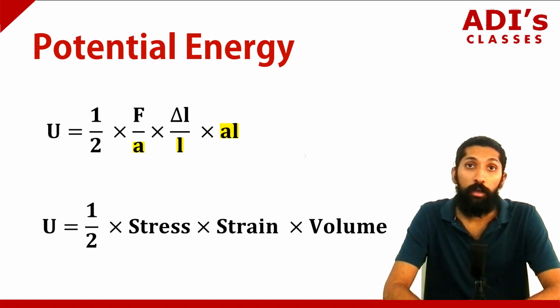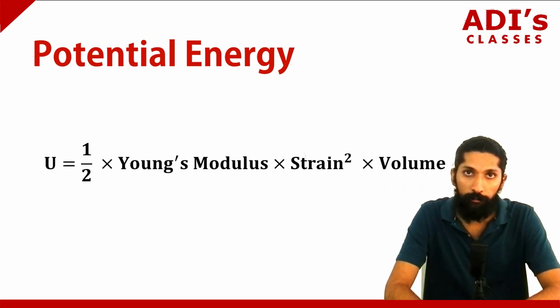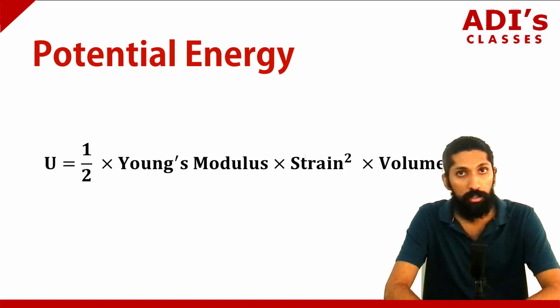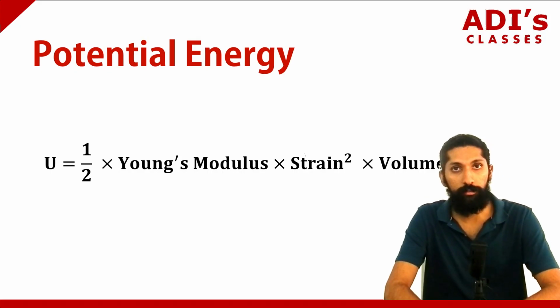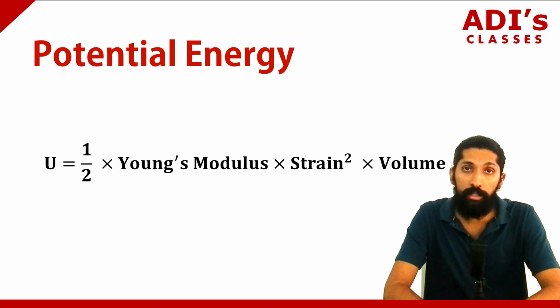The same formula can be written in another way, which is half into Young's modulus into strain square into the volume. In terms of Young's modulus or in terms of stress and strain, this is the formula for the potential energy stored in a stretched wire.